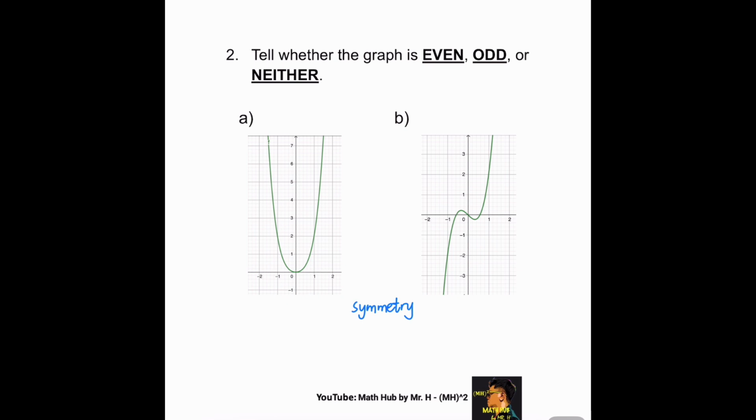We can say that the graph represents an even function if it is symmetric with respect to the y-axis. What does this mean? It tells us that if the graph is symmetric with respect to the y-axis, definitely we're looking at the y-axis as the mirror of reflection.